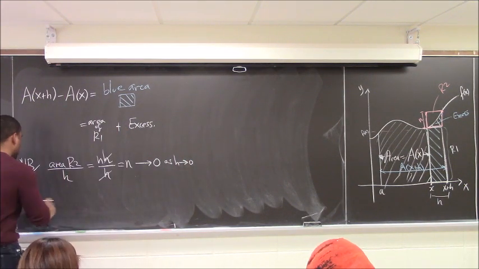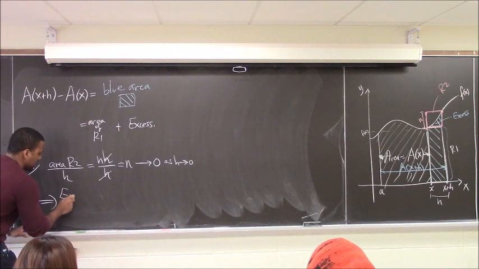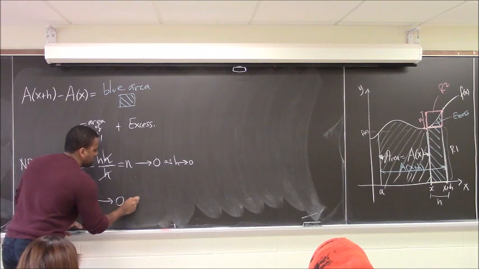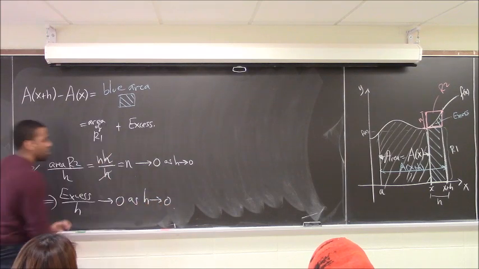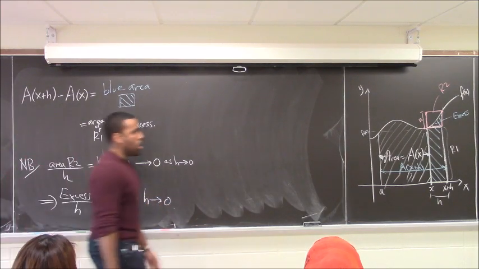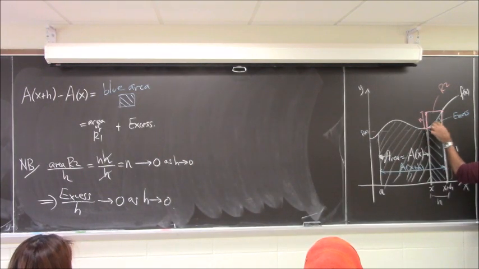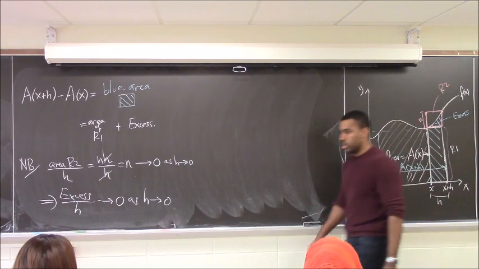Of course, this implies that the excess over h will do the same thing, because it's just a part of that rectangle. If the area of the entire rectangle is going to 0, then surely this piece of it, its area, will also go to 0.